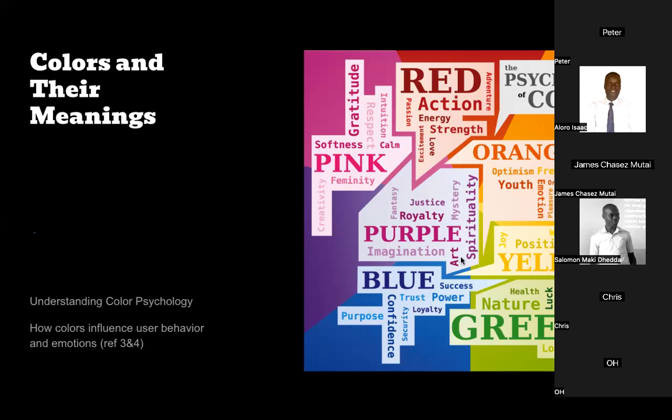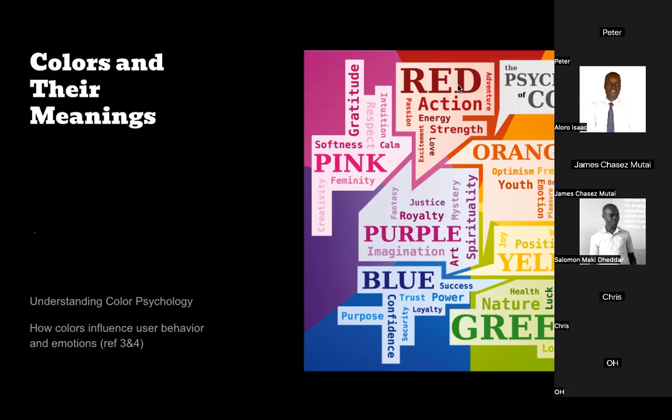But basically, when we look into color psychology, what colors communicate. For example, when you look here at purple, it communicates a feeling of fantasy, justice, reality, misery, spirituality, art, imagination.